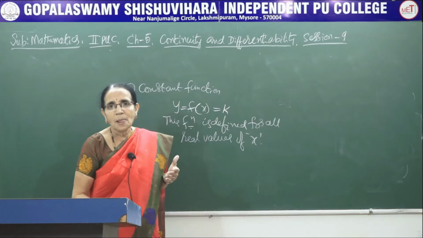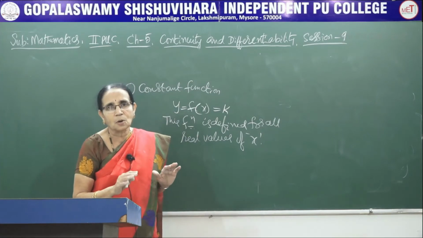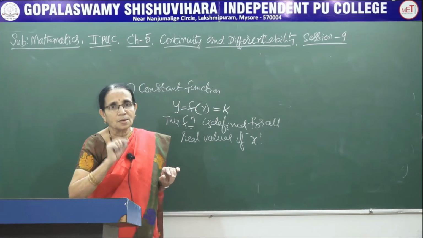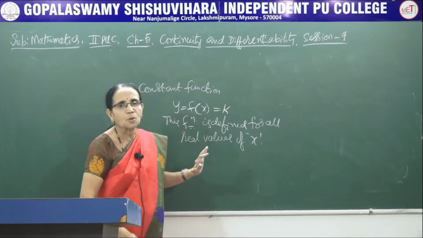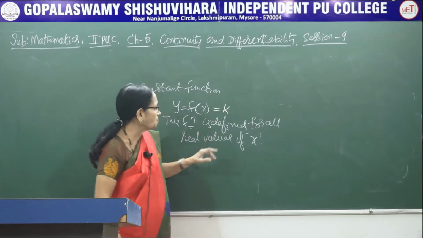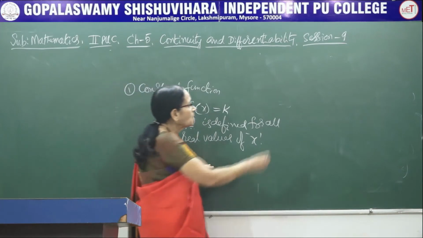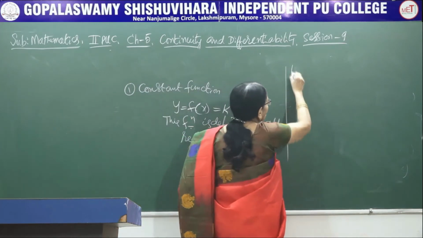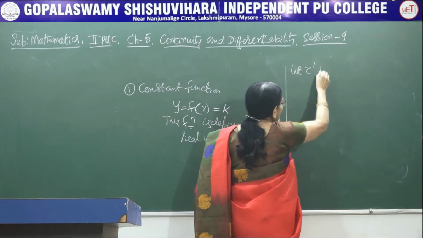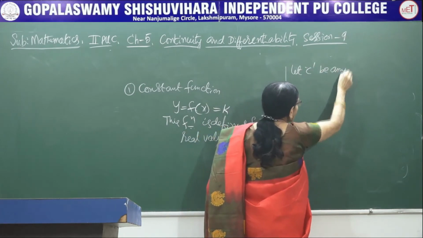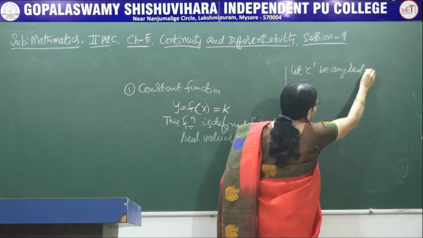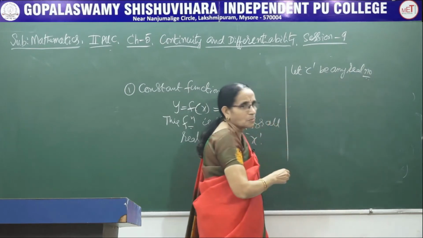I hope you remember, when the point was not given in the problem, we took a general point c. Same procedure here also we are adopting. The function is defined for all real values of x. Okay. Now, let me take some general number. Let c be any real number.